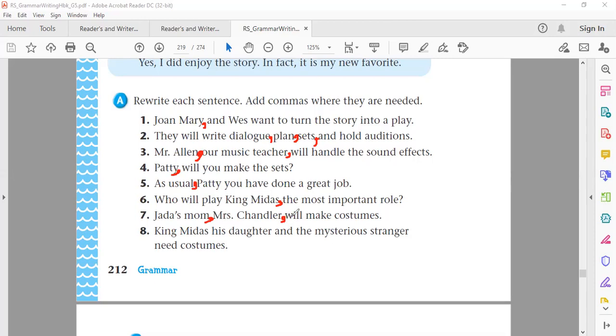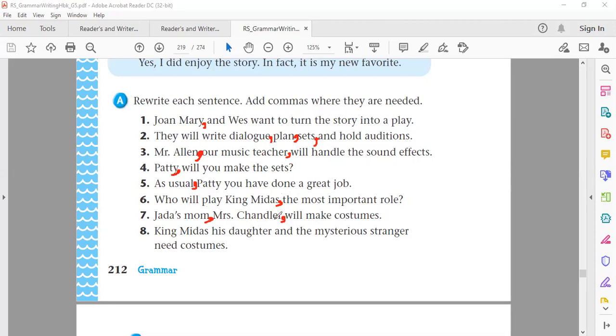Why? Because Mrs. Chandler came in the middle. I could say Jada's mom will make costumes, but I want to tell you the name of that lady. So I say Jada's mom, Mrs. Chandler, will make costumes. So here, Mrs. Chandler is something I added. I call it an added sentence or sentence in the middle. So in the added sentence, I have to put one comma before and one after.